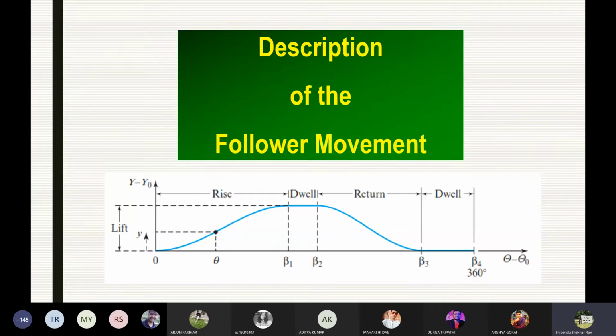Along the x-axis is the angle of cam rotation, in degrees or radians, and along the y direction is the linear displacement of the follower in the case of a radial cam follower mechanism. Here we are talking about the radial cam follower mechanism only.